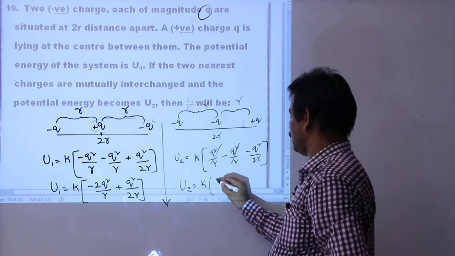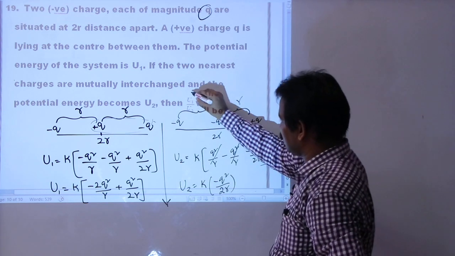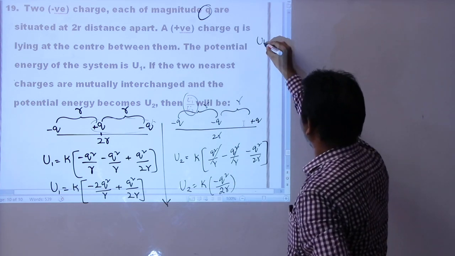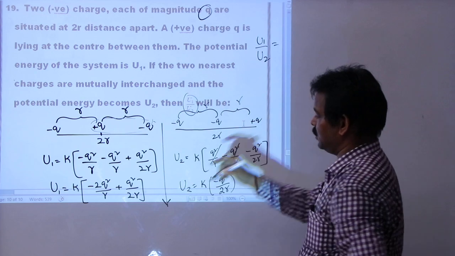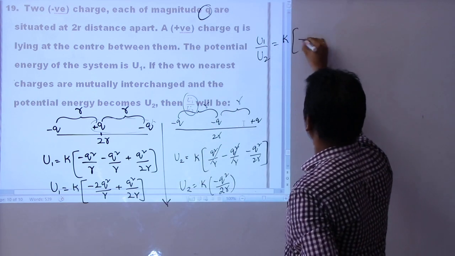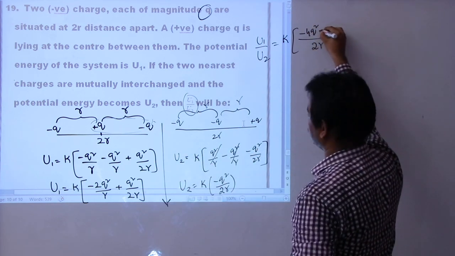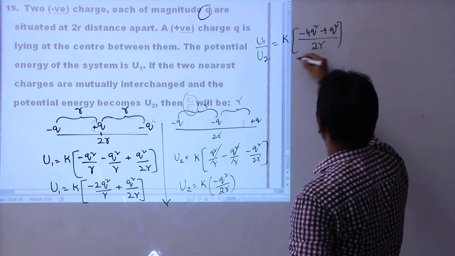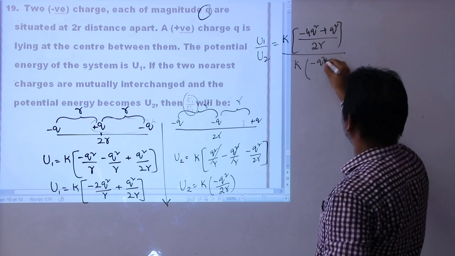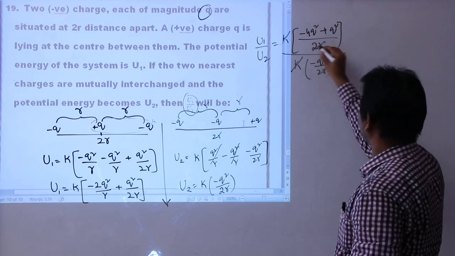Now we can say these two cancel each other. So u2 value is equal to k into minus q square by 2r. They have asked us to find u1 by u2. So u1 by u2 is given by, this is u1. If you take the LCM here, you will get k into (2r times r minus 4q square plus q square) by k into minus q square by 2r.